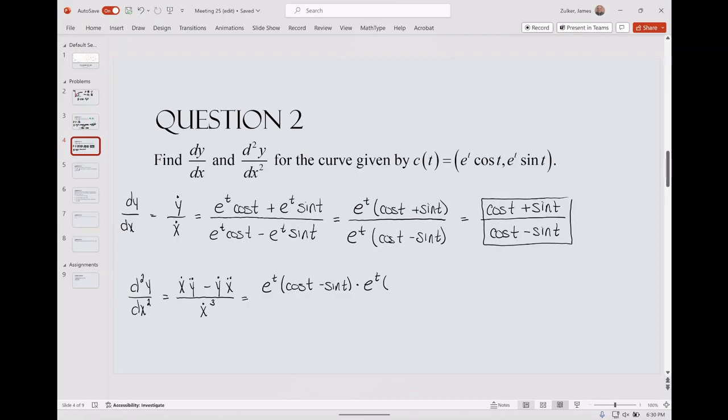Right? So that times something will be what? That term plus the derivative of that term.